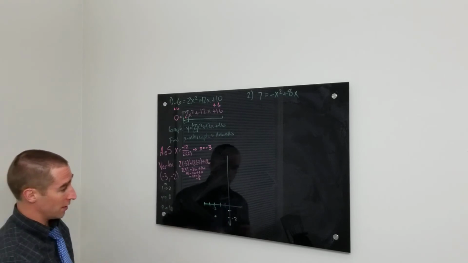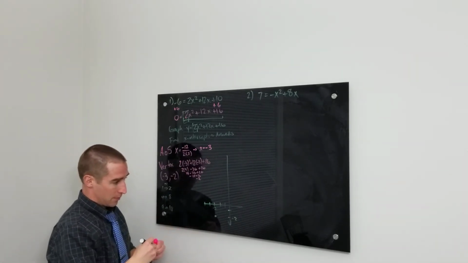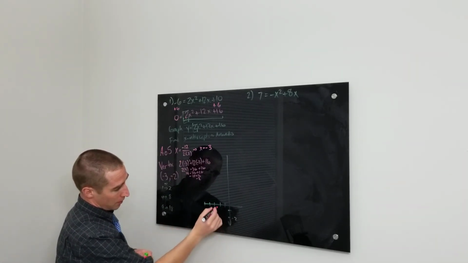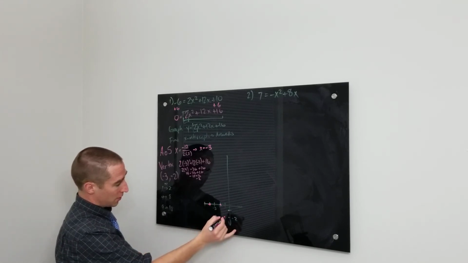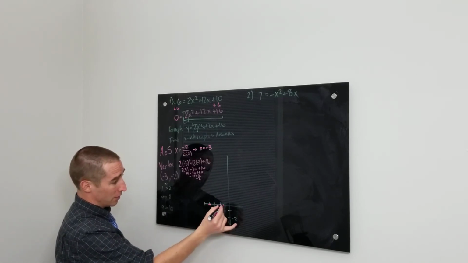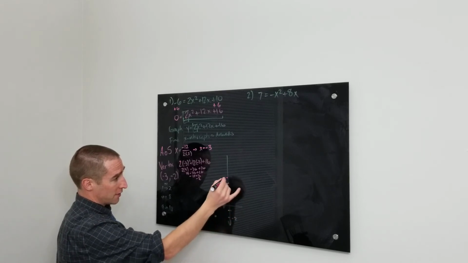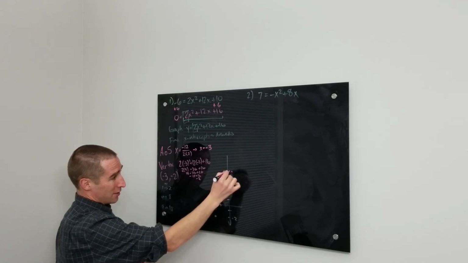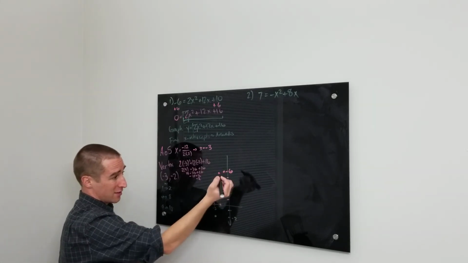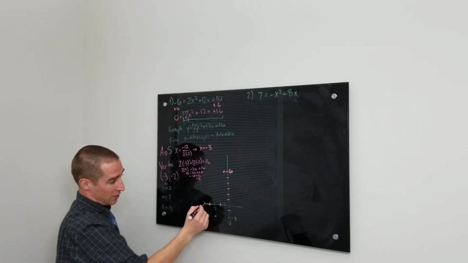From here, I'm going to go right 1 up 2, left 1 up 2, right 2 and up 8. 1, 2, 3, 4, 5, 6, 7, 8. That's at 6, because it's 8 above negative 2.